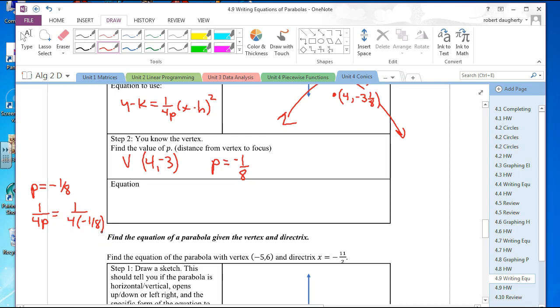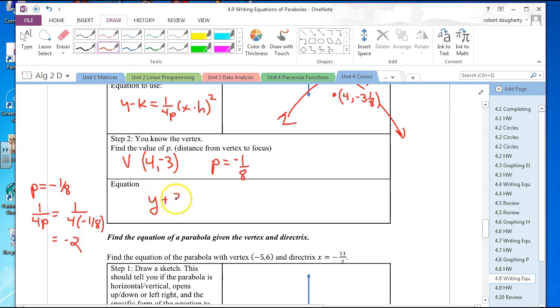What's 4 times negative 1/8? What's that? Negative 4/8. What's another word for negative 4/8? Negative 1/2. What's 1 over negative 1/2? Yeah, negative 2. So this is just negative 2. So the equation is what?